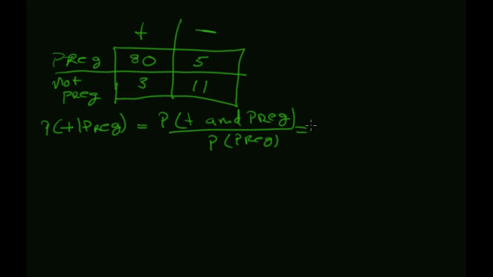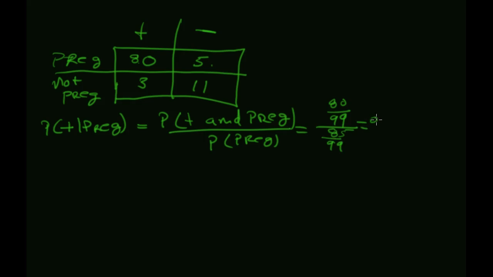Okay, so there's 99 people in our test. The number that are positive and pregnant are 80 out of 99. The number of people that are just pregnant, okay, so there's 80 there and there's 5 there. So that's 85 out of 99.